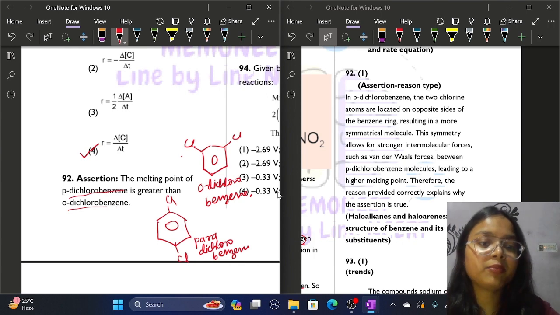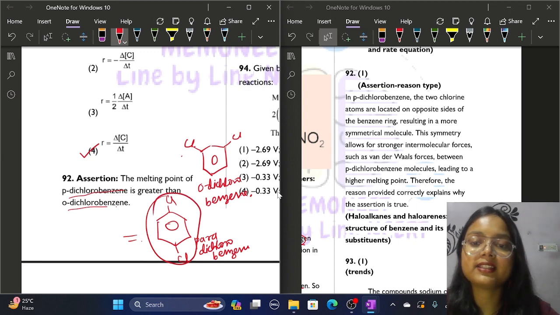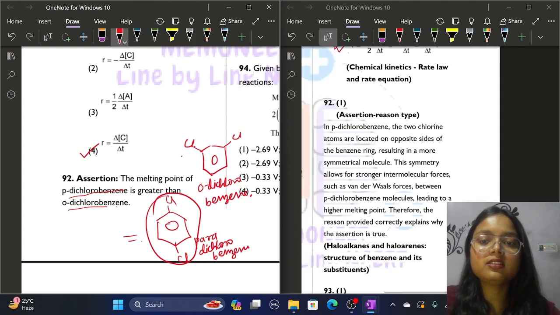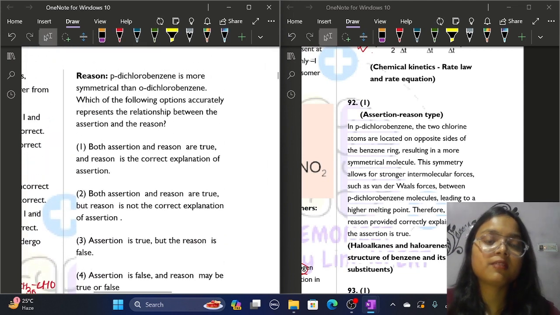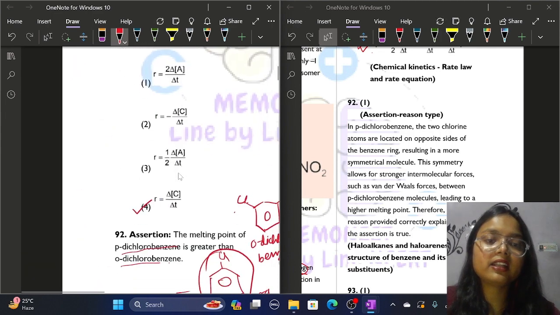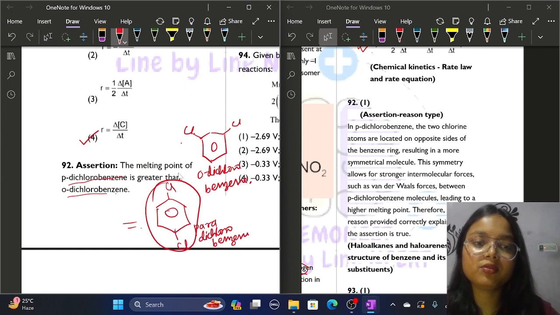The melting point of para-dichlorobenzene. Okay, so it is saying that para-dichlorobenzene has a higher melting point than ortho-dichlorobenzene. Yes, it is the correct statement. Now let's look at the reason here. Para-dichlorobenzene is more symmetric than ortho-dichlorobenzene. Okay, yes, this is the correct reason. It is a symmetric type molecule, right?